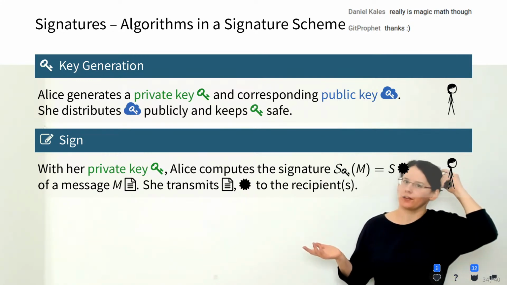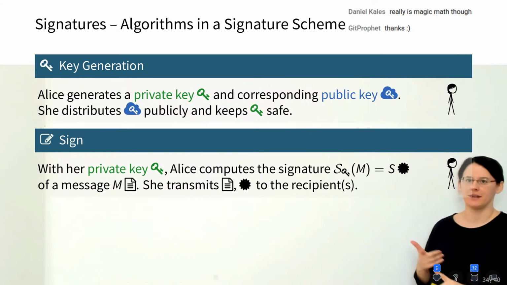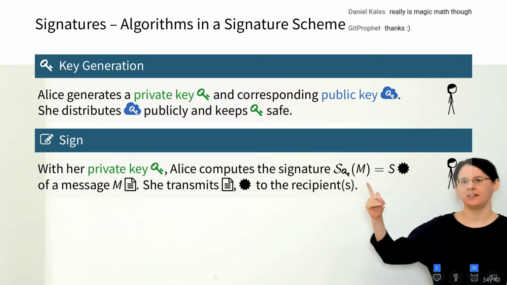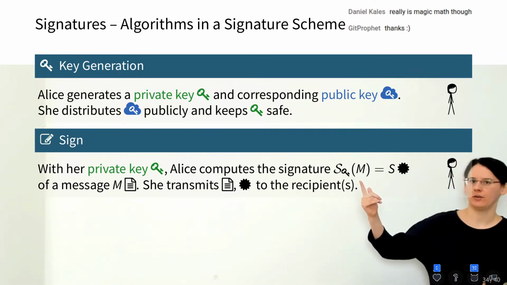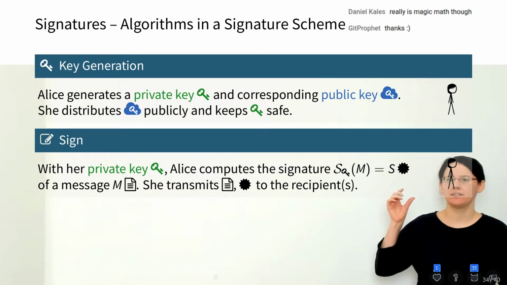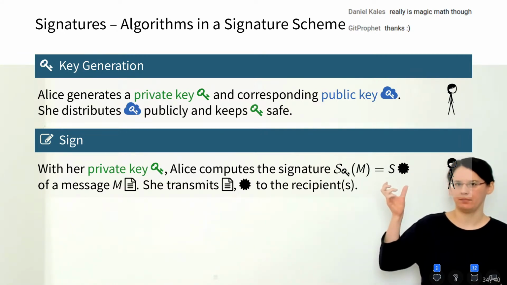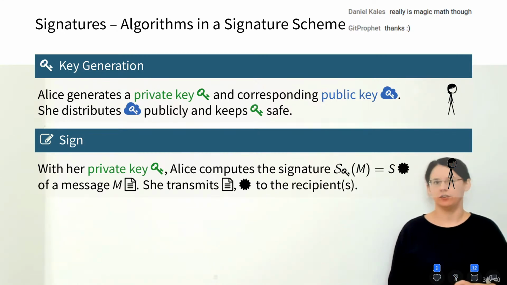This process is called signing. So what Alice does is she takes her private key and the message, plugs them into the signature algorithm, and receives a signature, which is similar to a MAC tag or a hash output. I denote it by this stamp symbol here. And she sends this signature or stamp together with the original plaintext and passes it on to the recipients.